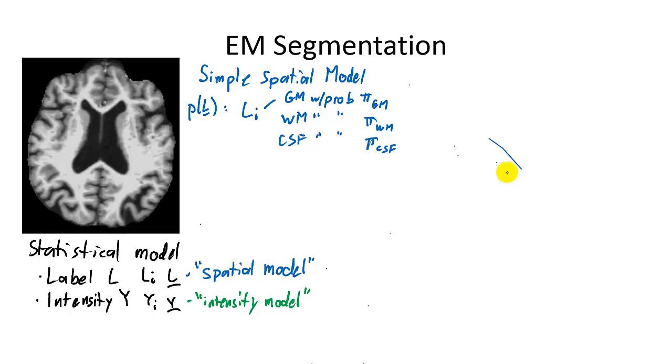And these are going to add up to 1. And this tells us how to get the labels at every voxel.